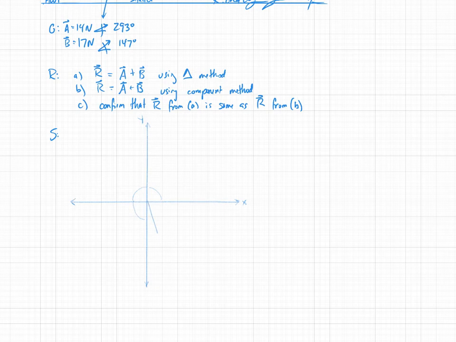Okay, so here's A. Okay, and let's see, 14. So we'll do almost 3 centimeters, but not quite. Okay, so there you go. So that's more or less 14 newtons. And that little angle right in there, if I go back to the pencil, this little angle right here, that's 23 degrees.